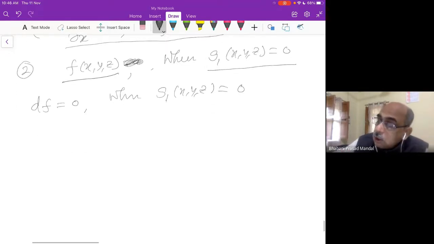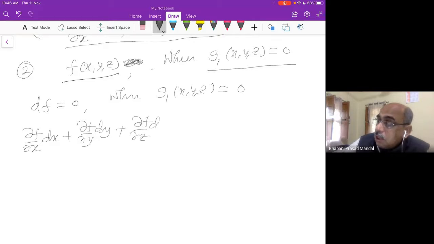So this again I will write: del f/del x dx plus del f/del y dy plus del f/del z dz equals 0 because delta f equals 0. But now I cannot say del f/del x equals 0 because x, y, z are not independent.